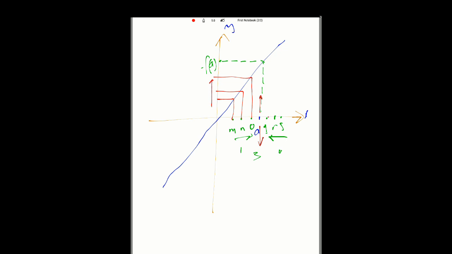And look at q, r, and s. As q, r, and s get closer to a, are their corresponding f of x values, particularly f of q, f of r, and f of s, getting closer to f of a? Yes, they are.